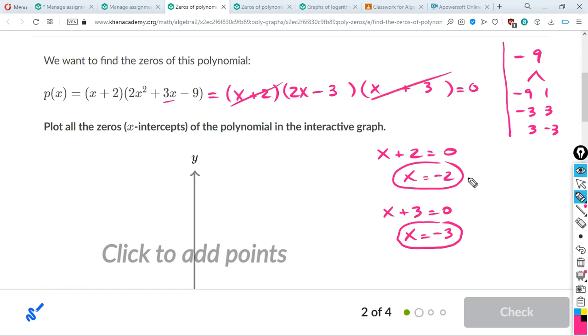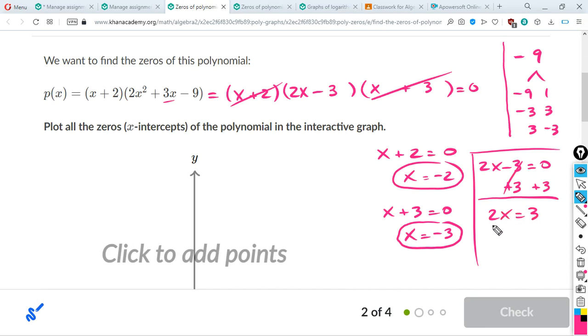And if we do 2x minus 3 equals 0, add 3 to both sides. 3 minus 3 is gone. 2x equals positive 3.